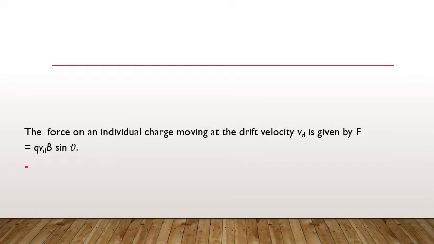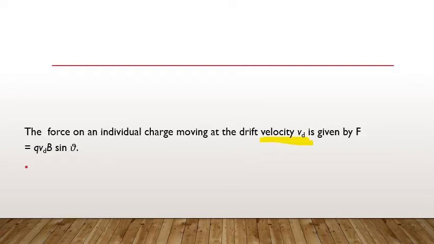This value is given by the Lorentz force, F is equal to qE plus v cross B. And so v cross B can be written as vB sine theta. Here Vd is the drift velocity of the particle. The velocity due to electric field is called drift velocity.